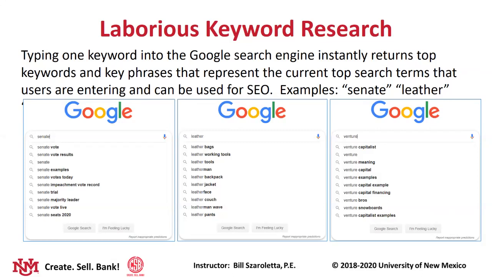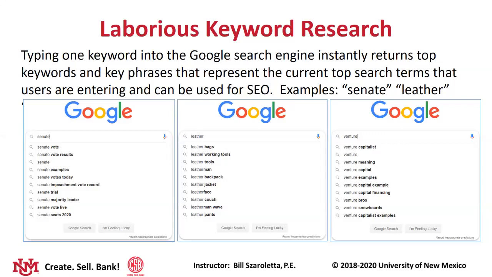I put laborious keyword research because it is, for doing research. I mean, you can pay money, you can get some free keyword research tools, but I just want to point this out.